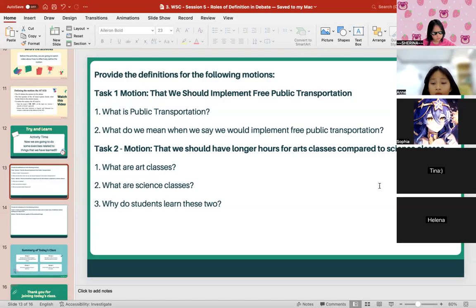So Tina, can you do task number 1? Yes. It is: what is public transportation, and what do we mean when we say we would implement free public transportation?